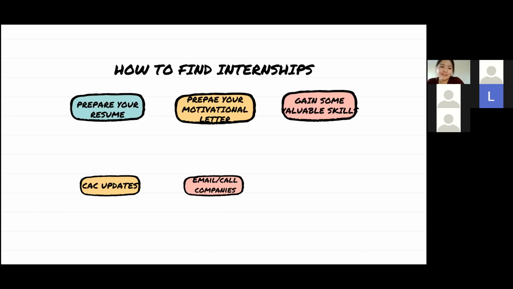Career and Advising Center. Yeah, Career Advising Center. Thank you very much. You need to follow their updates. And also you can do it by yourself by emailing or calling the companies. Or also, there are a lot of websites where international internships are provided, so you can just follow the links that they provide.